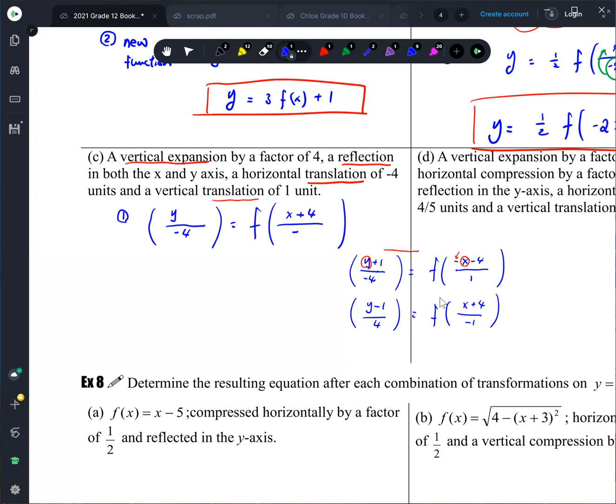This is a positive 1, so it goes up. Up 1. Up will be subtract. Moving up should be subtract 1. Now there's nothing else going under the x, so we can just put the 1 there. There's no horizontal expansion or compression.